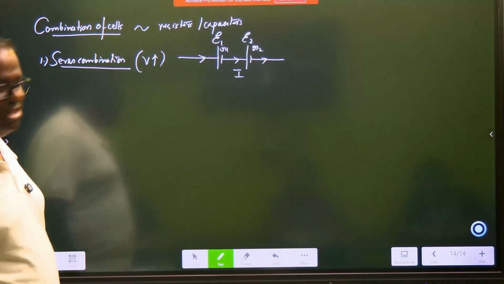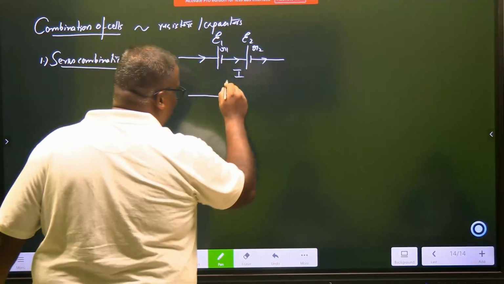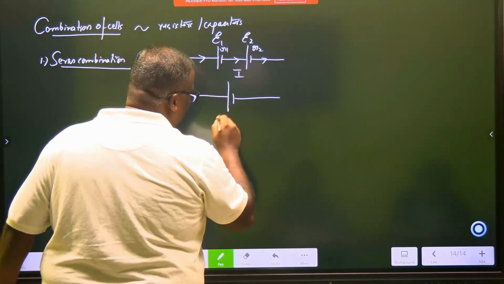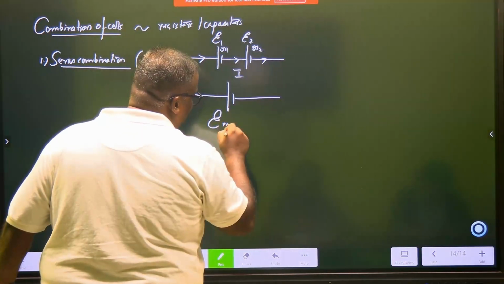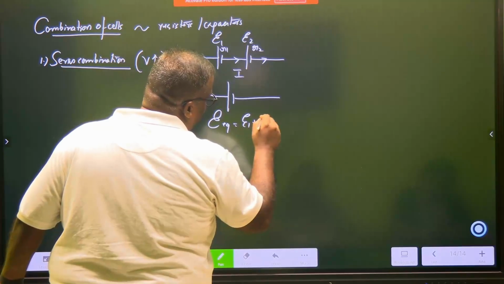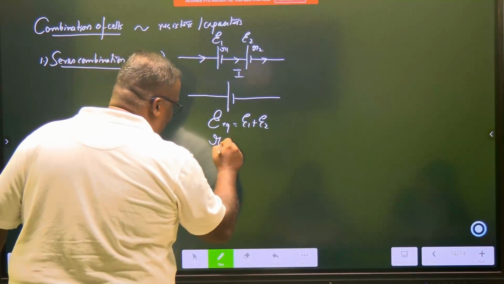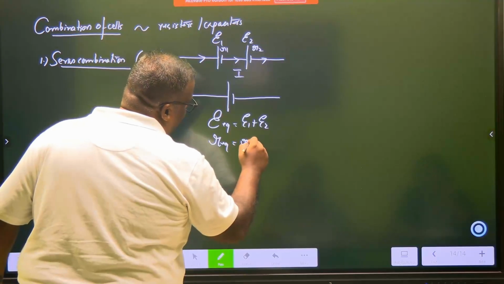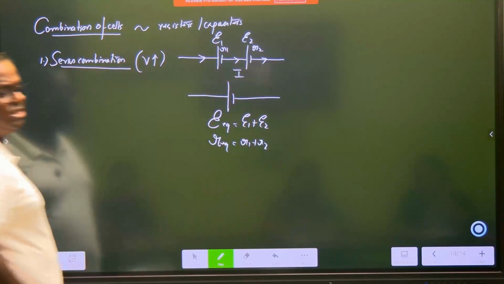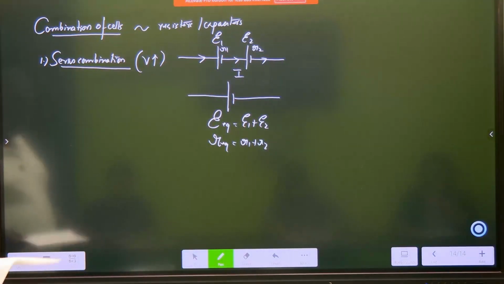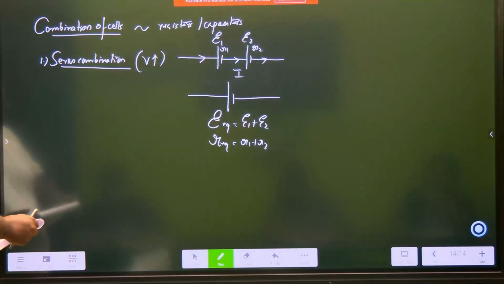Equivalent cell means if I am replacing it with one cell, that one cell should have E equivalent equal to E1 plus E2, right? And it should also have an R equivalent, which is equal to R1 plus R2. Why? Because the 2 resistances are in series. Clear?